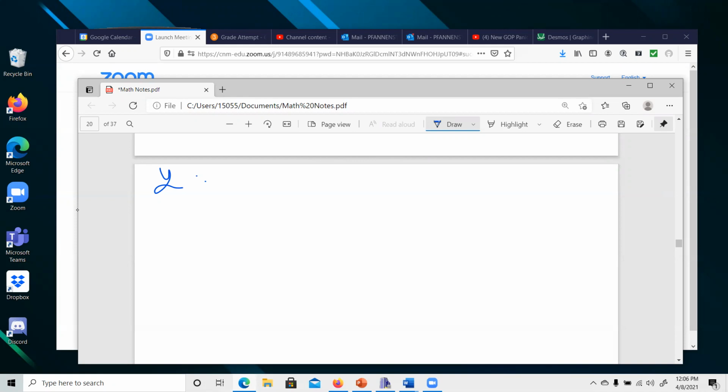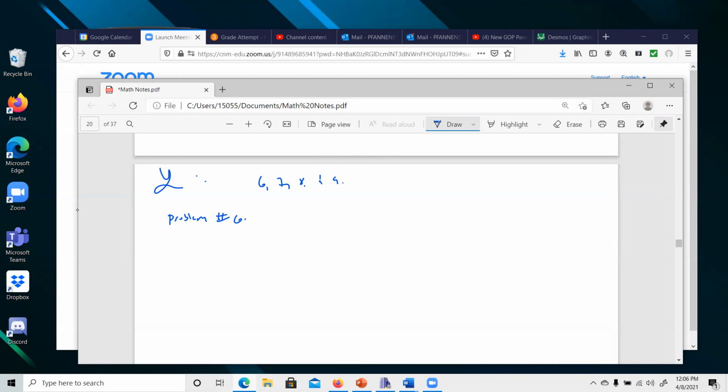So let's see here. This is going to be problem number 6. This little piece today will be 6, 7, 8, and 9. We have an equation.